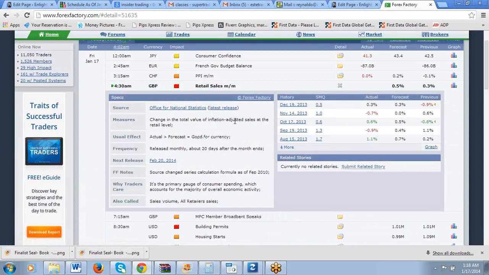This is the change in total value of inflation adjusted sales at the retail level. It means that if consumers are not buying, then there's going to be a problem there, right? So now if the forecast is 0.5, and if the actual report will be greater than the forecast, then there's the probability that it will go through the roof.